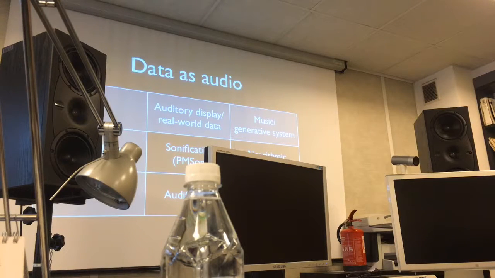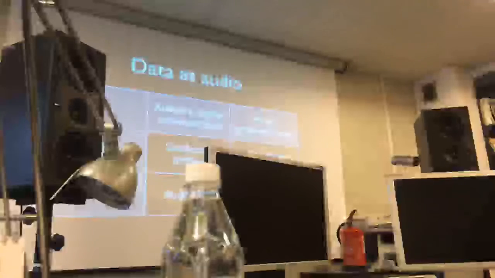And then if we speed up the rate of this change, so if we run this at what we know as audio rate, you might call this sample rate, at the rate which a CD might run. Within auditory displays, this is called audification. So within music, or through using generative systems, this might be called non-standard synthesis, on our perception.